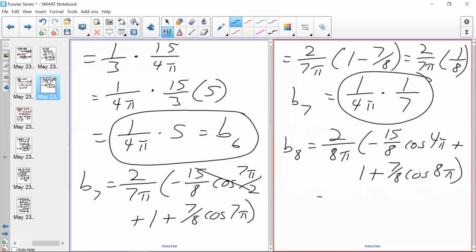So that becomes 1 over 4 pi, negative 15 over 8 plus 1 plus 7/8. And back to where we have for B4. Seems like every fourth one is 0. It's negative 15 plus 8. This becomes 15 over 8.